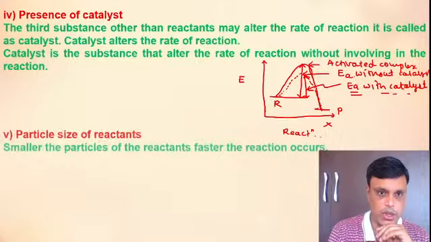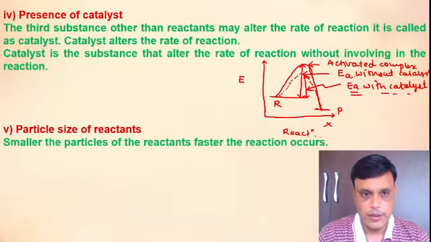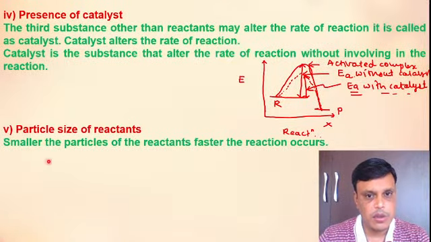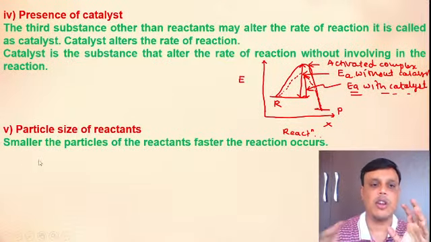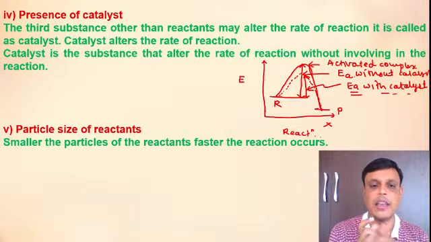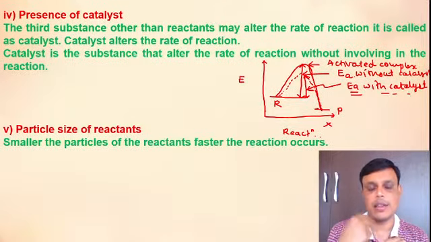Then the fifth point is the particle size of the reactants. The smaller the particle size of the reactants, the faster the reaction rate. For example, if one of the reactants is in a solid state, suppose you have two reactants, and one reactant is in solid form and the other is in liquid form.